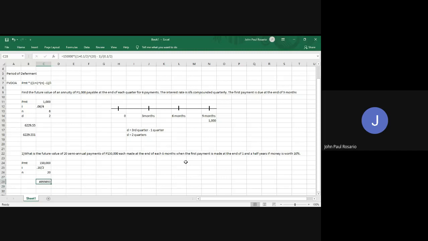Okay. So meaning this is your future value. Now try to input that same information in your calculator and see if you can arrive at the same answer.